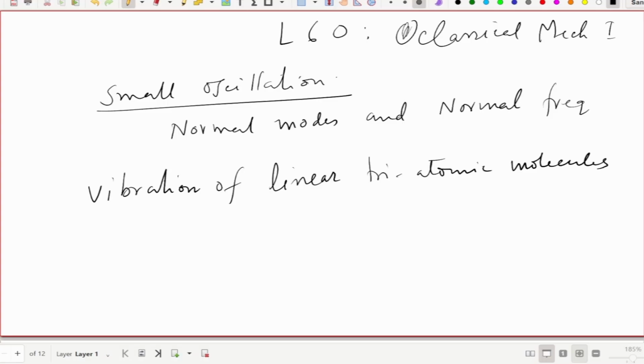So, vibration of a linear triatomic molecule, and we will consider the carbon dioxide molecule. We will model this carbon dioxide molecule as a mass spring system.